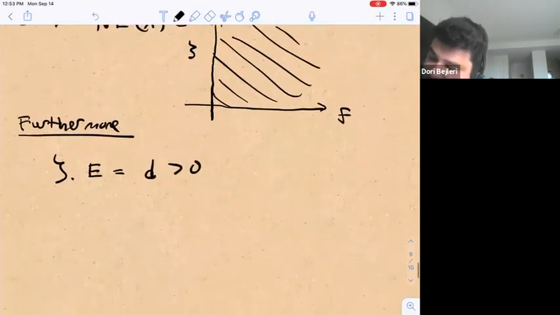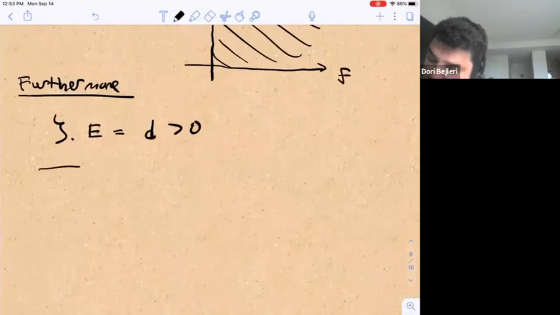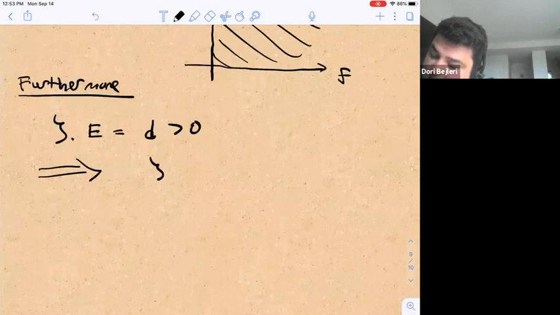So this implies that psi is greater than 0 on NE(X).